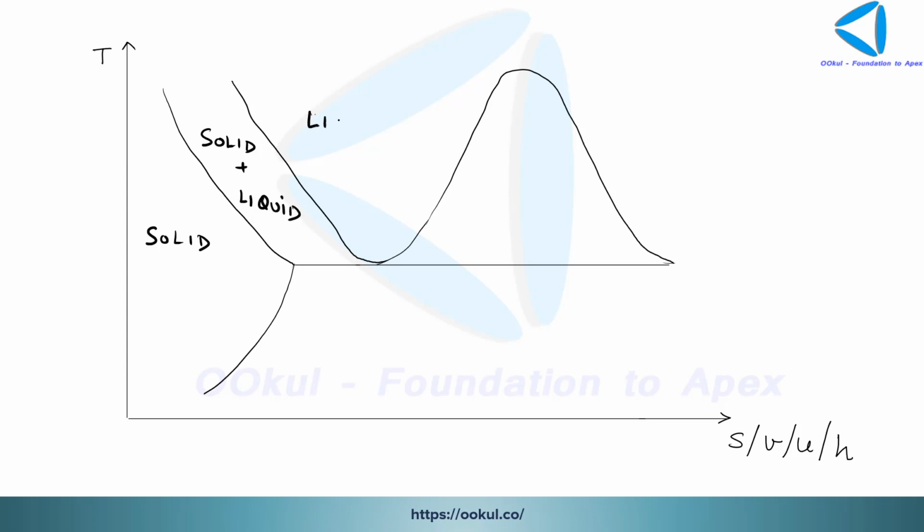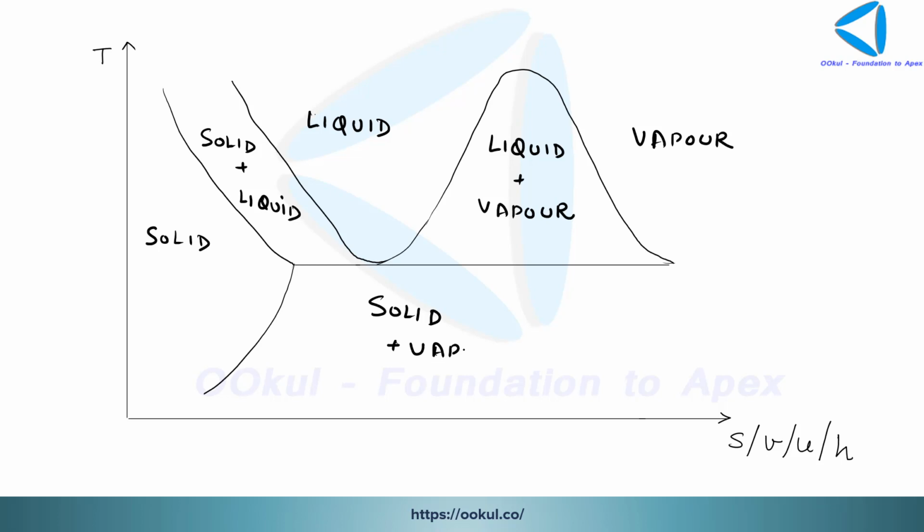This one is liquid. And we have this region as vapor. So between solid and liquid we have solid plus liquid, between liquid and vapor we have liquid plus vapor, and between solid and vapor we have solid plus vapor.